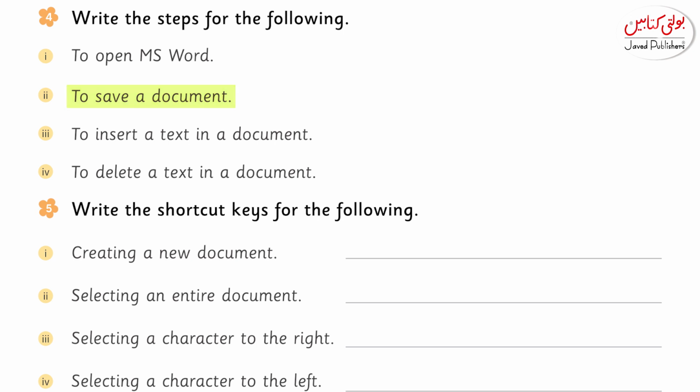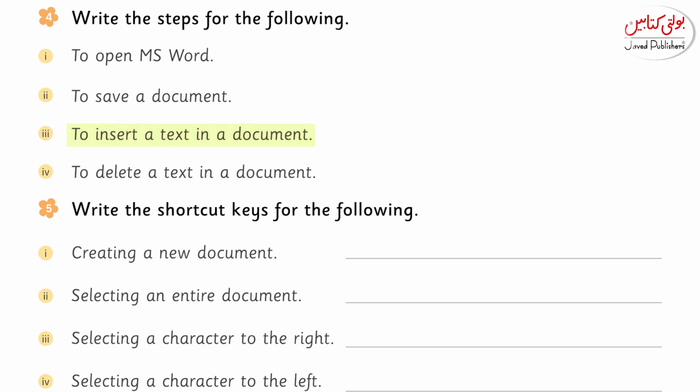To save a document, click on the File tab, click on the Save As option. The Save As pane appears on the right. Click on This PC or Browse in the right pane. The Save As dialog box appears. Type a file name in the File Name text box and click on the Save button.